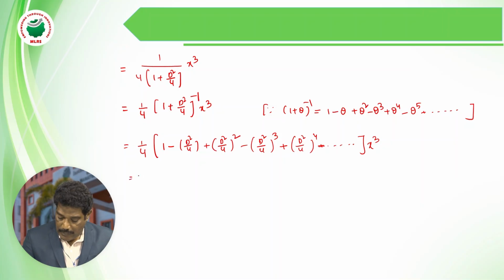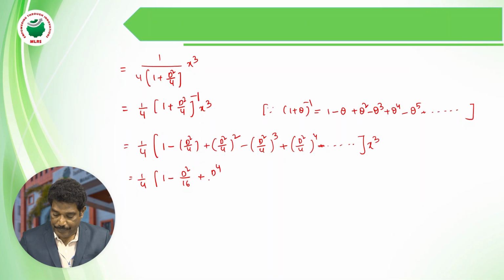Next, 1 by 4 into 1 minus, now rewrite all the terms: 1 minus D square by 16 plus D power 4 by 256 minus continuation, into x cube.